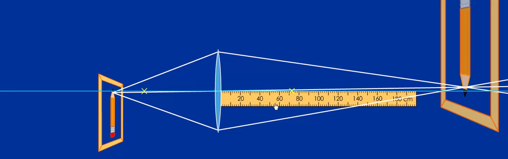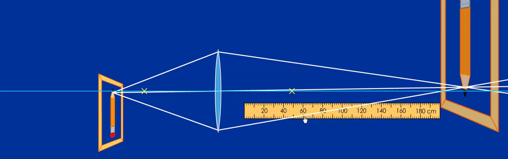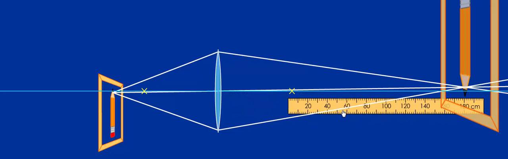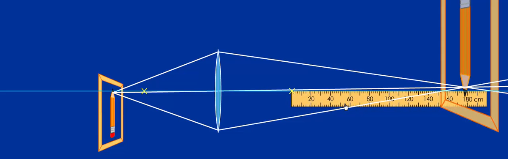Measure the image distance. Well, since the ruler does not reach there, what I'm going to do is measure from that cross, measure that distance first. And then I will place the ruler so that you can measure the distance from the cross.